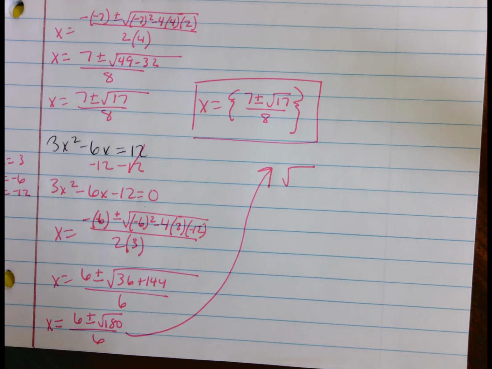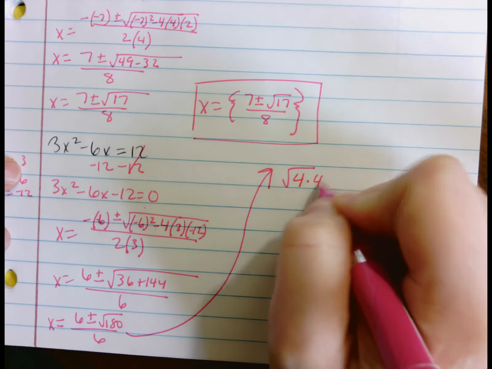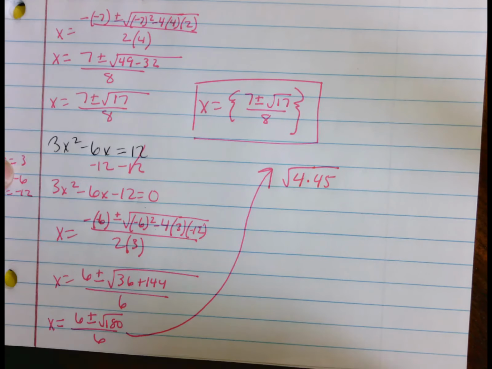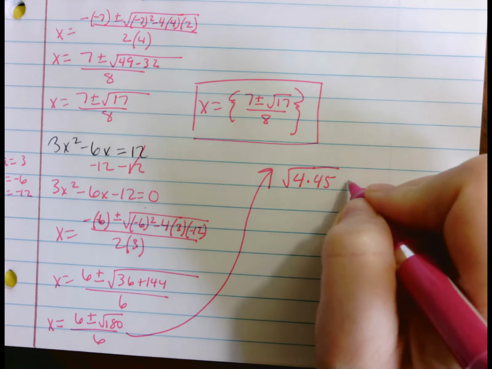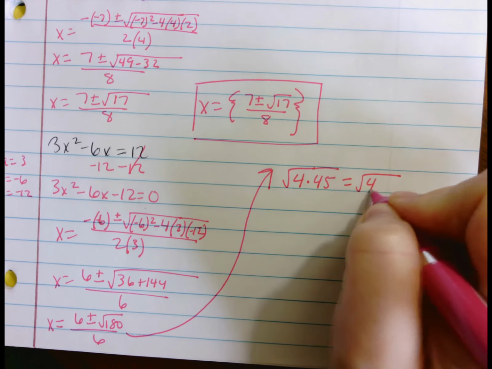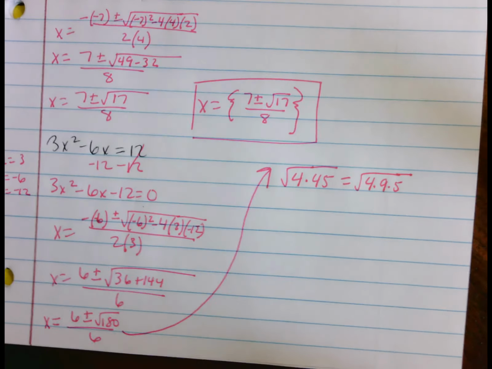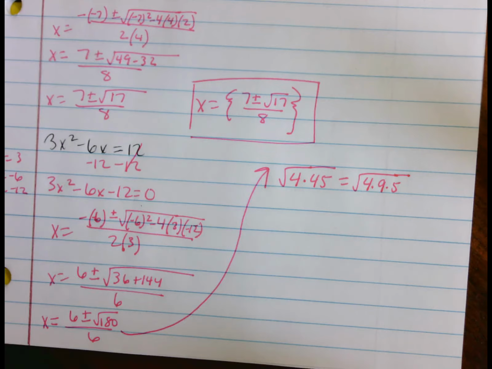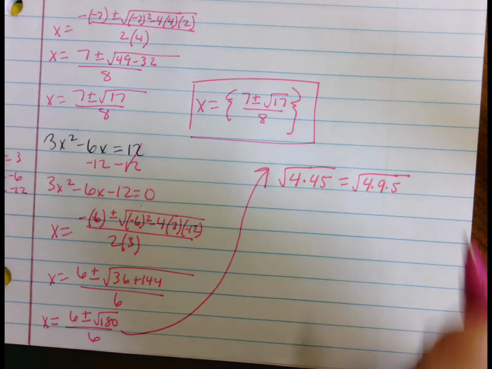So I know that 4 would be a factor of 180, and that would leave me with 4 times 45. Okay, but 45 can be factored further, and so we could do it as 4 times 9 times 5, okay, because 45 can be factored into 9 and 5, and so that might help us.